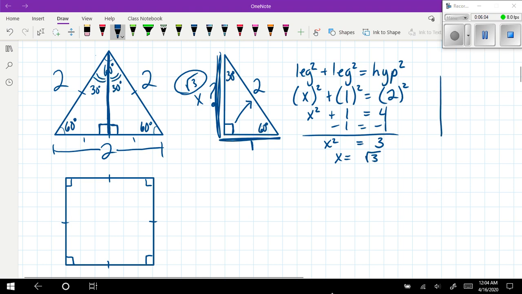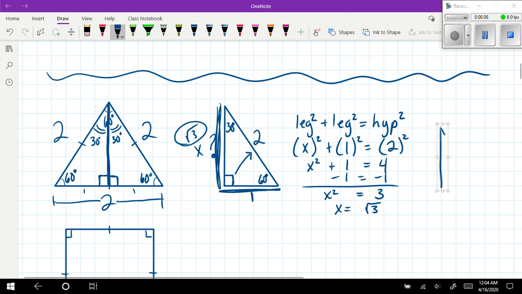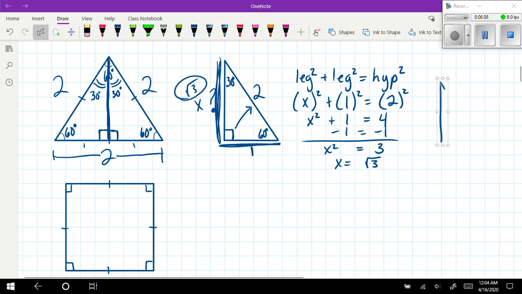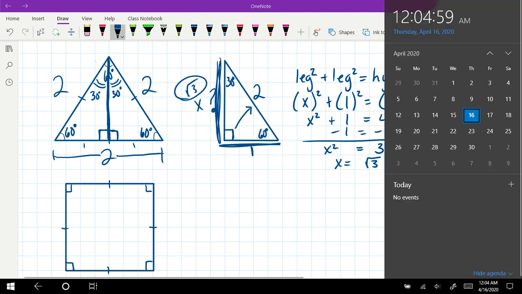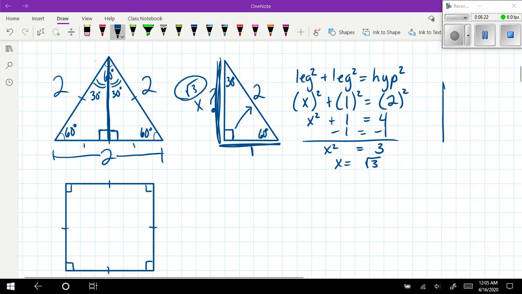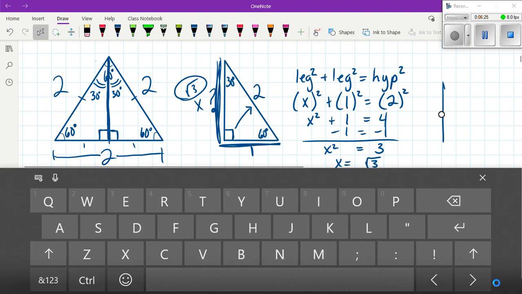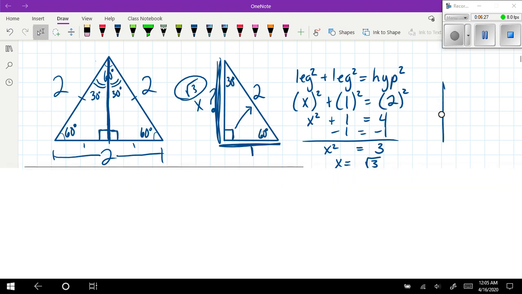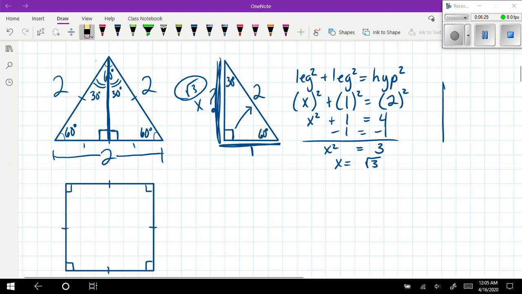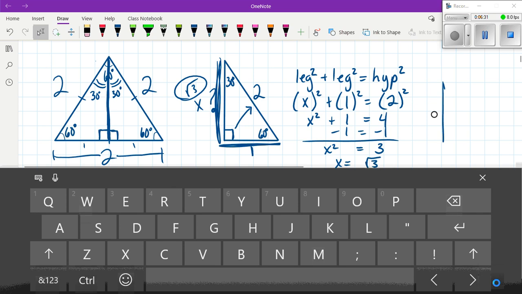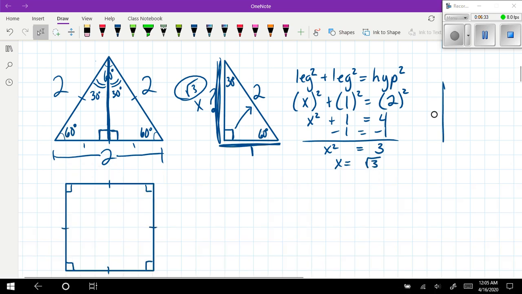Anytime you have a 30, 60, yikes, Gina, get back here. Let me do something here. I'm trying. Keeps moving on me. Yep, I don't want that. This is not working very well for me right now. Get away.